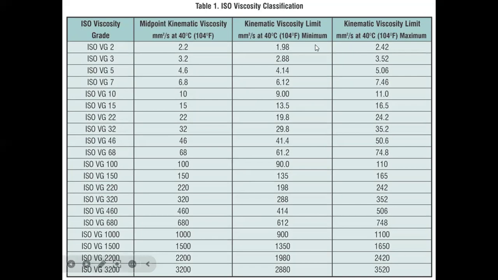The minimum viscosity at 40 degrees Celsius would be 288, and the maximum would be 352. So this is how you interpret the table. But always remember that whatever number is written for your viscosity grade is the midpoint kinematic viscosity, having its maximum and minimum kinematic viscosity.